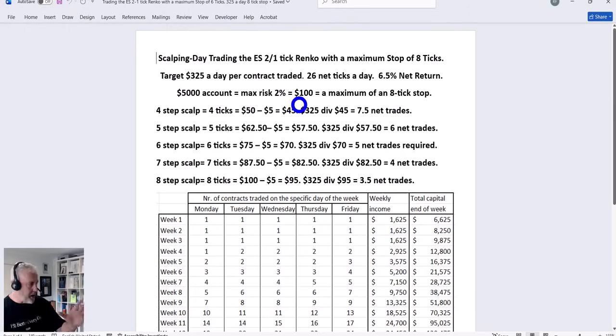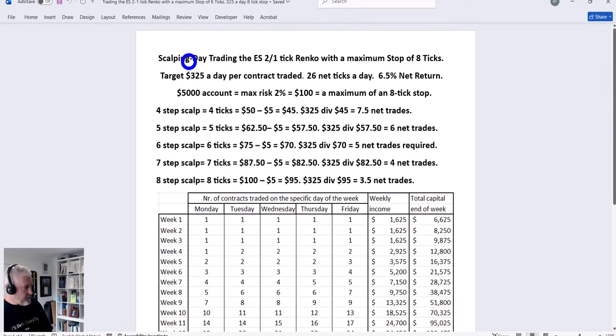But anyway, if you're trading a 2 tick, for example, the start of the market today was fairly fast for a few minutes, so I was trading a higher time frame, which usually means you've got a larger stop loss.